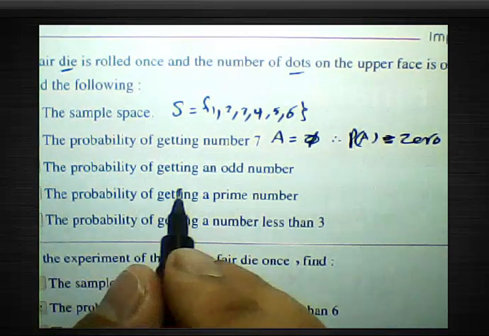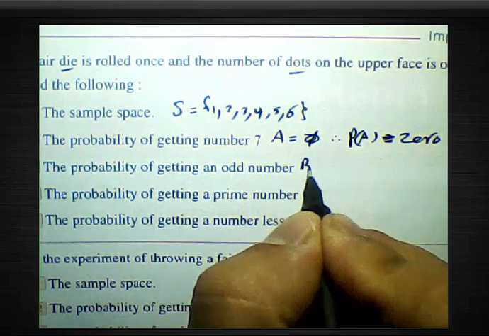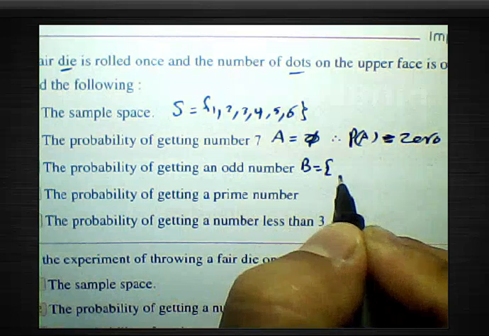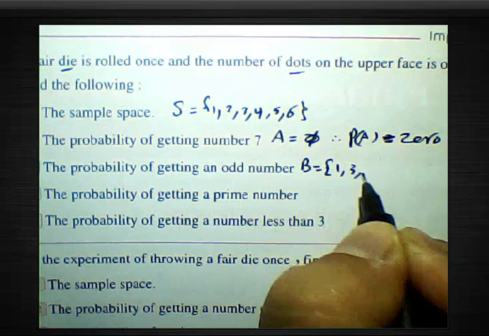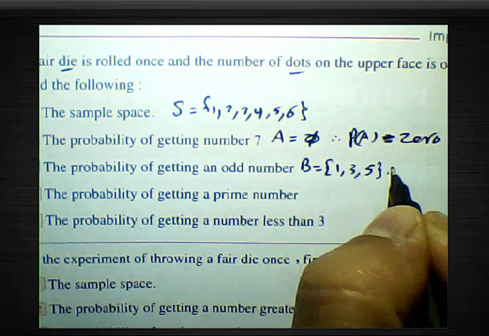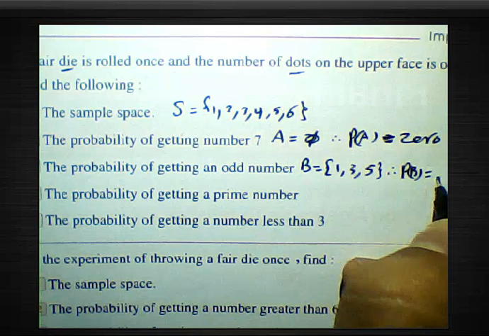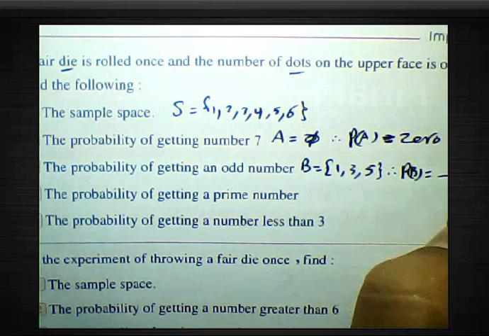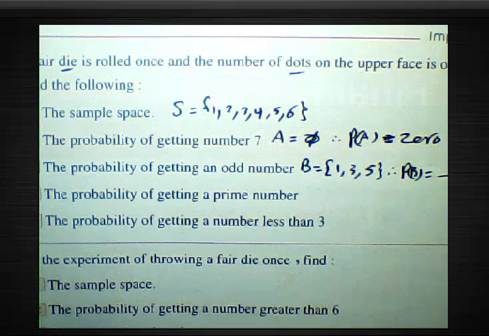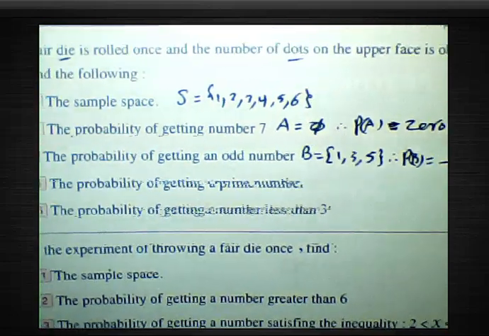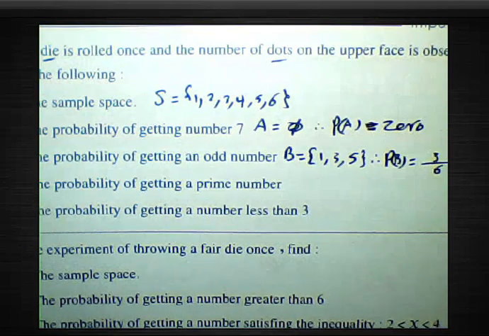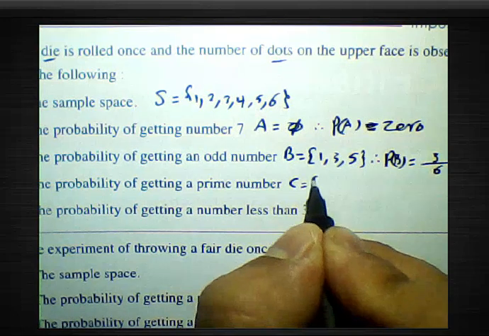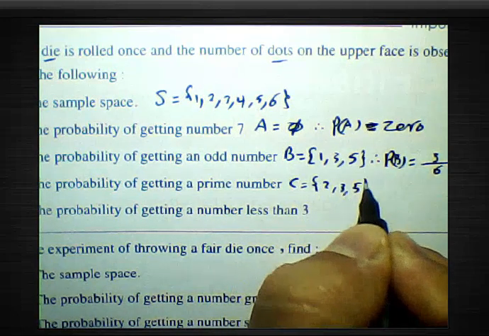The probability of getting an odd number: we can write 1, 3, 5. So the probability of B equals 3 over 6, which is 1 over 2. The probability of getting a prime number: 2, 3, 5.